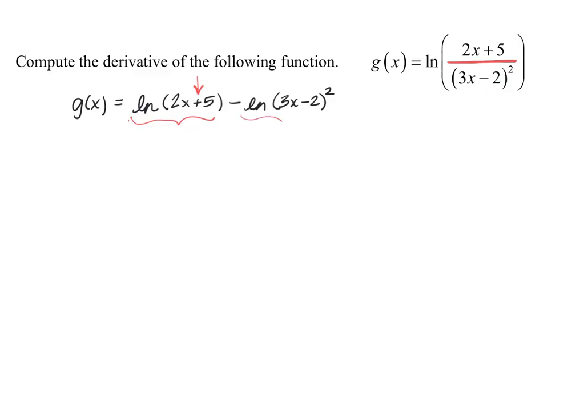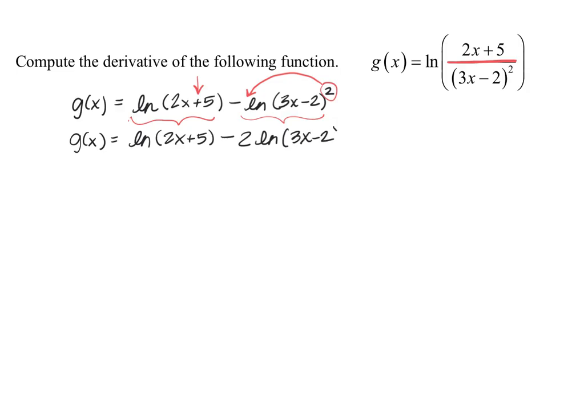But this second logarithm, we see that we have this argument raised to the second power. So the power rule for logarithms allows us to bring the 2 out in front and rewrite this as multiplication. So now my function, g of x, will equal the natural log of 2x plus 5 minus 2 times the natural log of 3x minus 2.